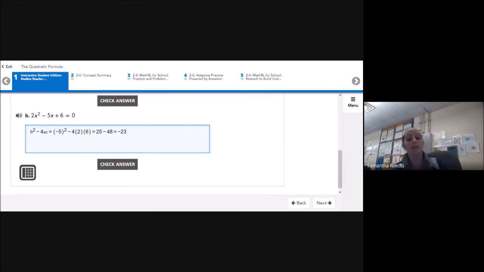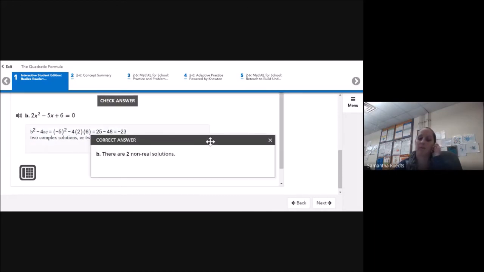So this is less than 0, which means it has two complex solutions, or two imaginary solutions. So non-real solutions. They're complex, so they'll have an i in them.